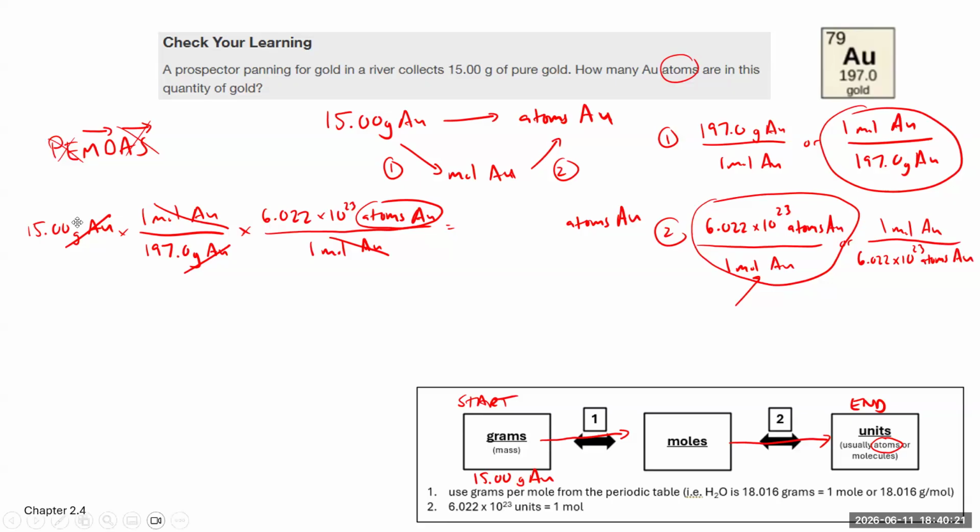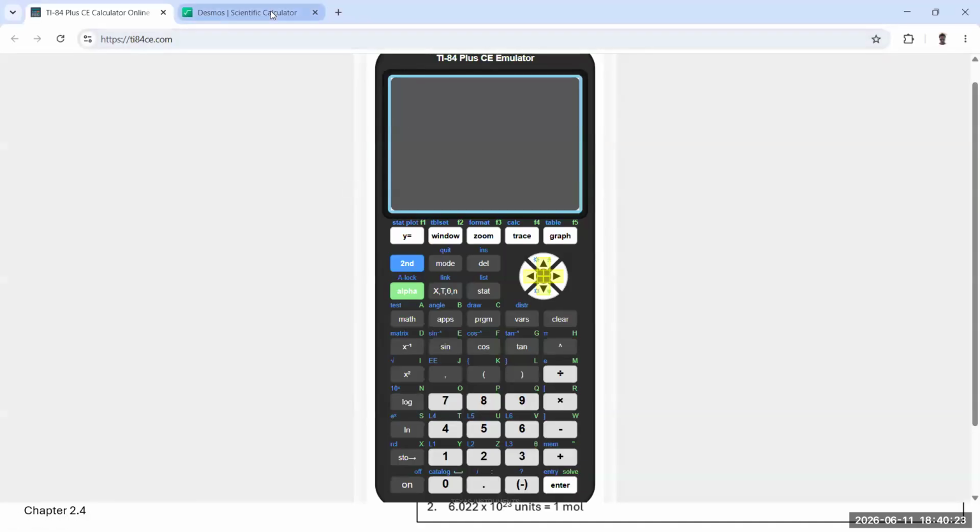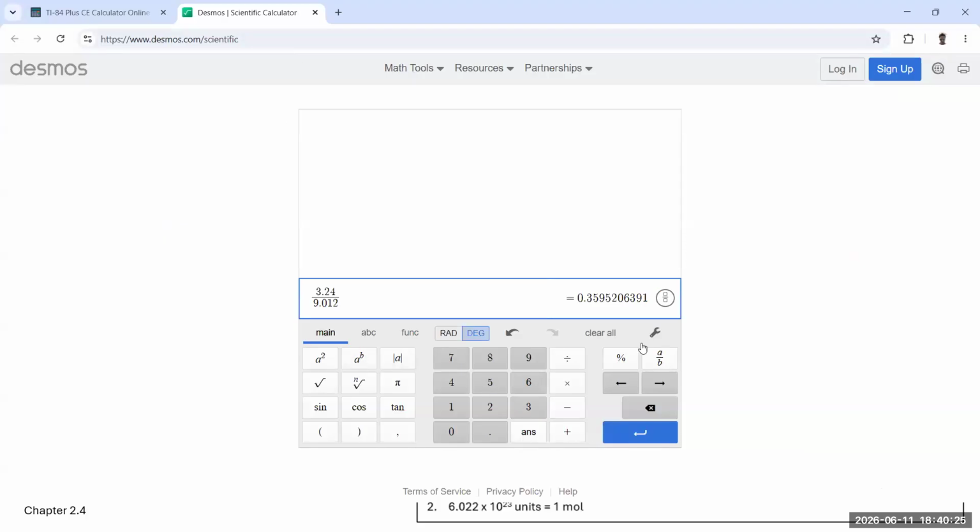So it's going to be 15. Let's clear this. 15.00 times 1 divided by 197.0. Actually, this is a good way to do it.